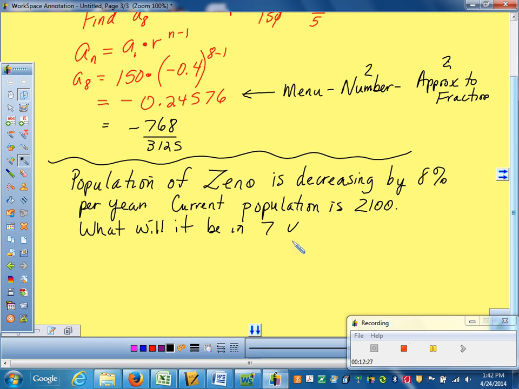Okay, I want to know what will the population be after 7 more years. If it's currently 2,100 and it's decreasing by 8% a year, what will it be in 7 more years? Would you even read this and think, oh, that's a geometric sequence? Why is it a geometric sequence?